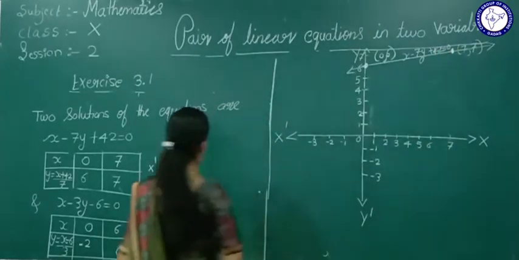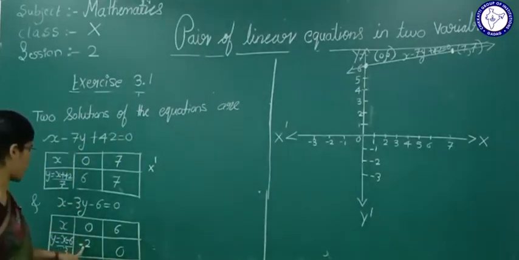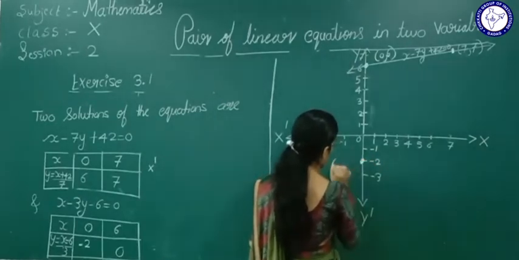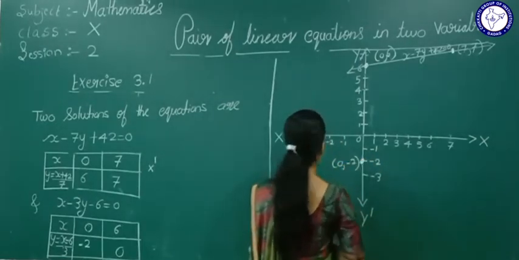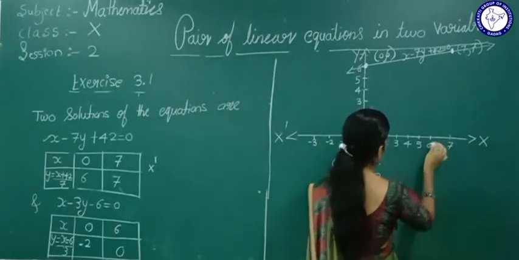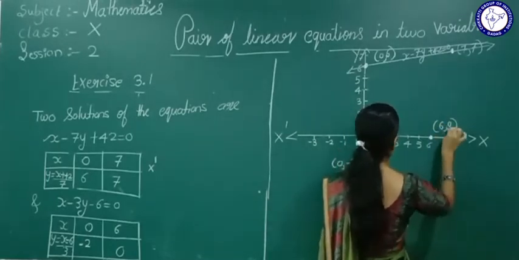Now we will plot equation number 2. When x value is 0, y will be minus 2, so the point is (0, minus 2). And (6, 0).